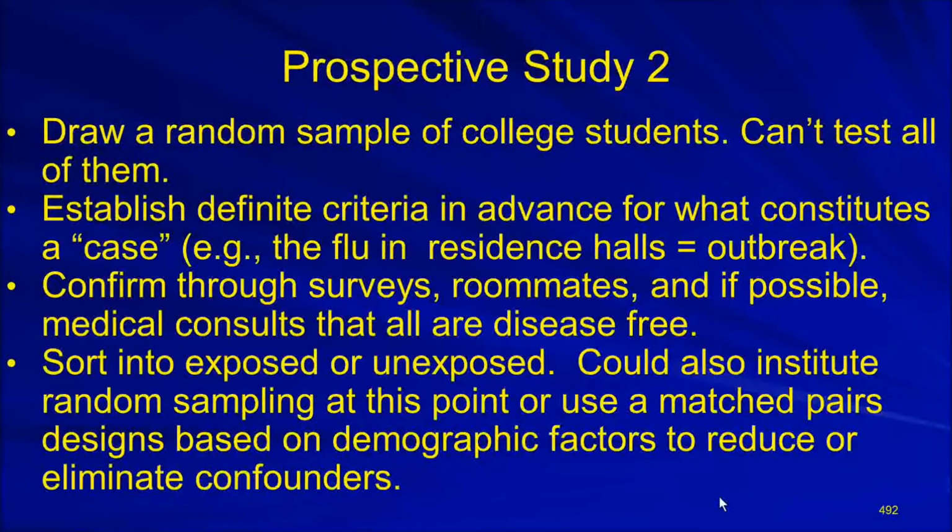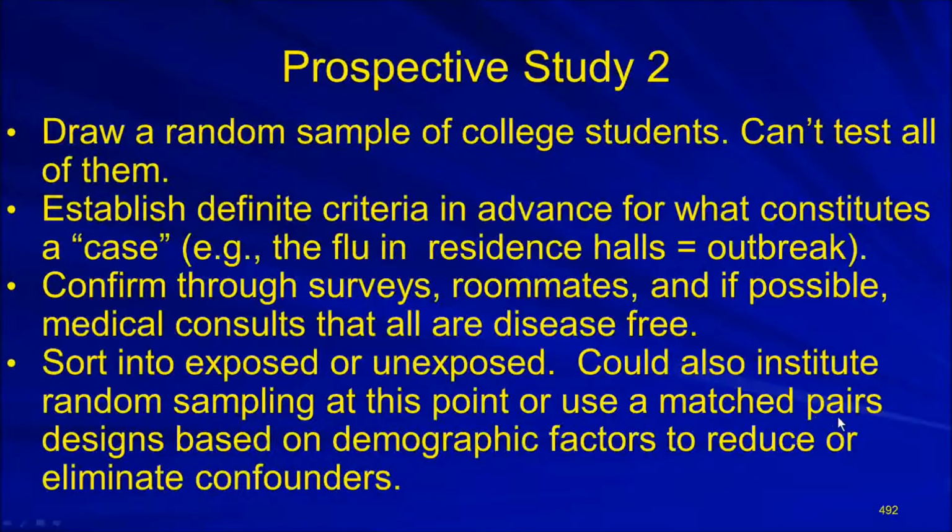So we're going to sort into exposed or unexposed. We could also institute random sampling at this point if we had too many, or use the matched pairs design based on demographic factors to reduce or eliminate confounders. Now I'm using terms here that you have not been exposed to.